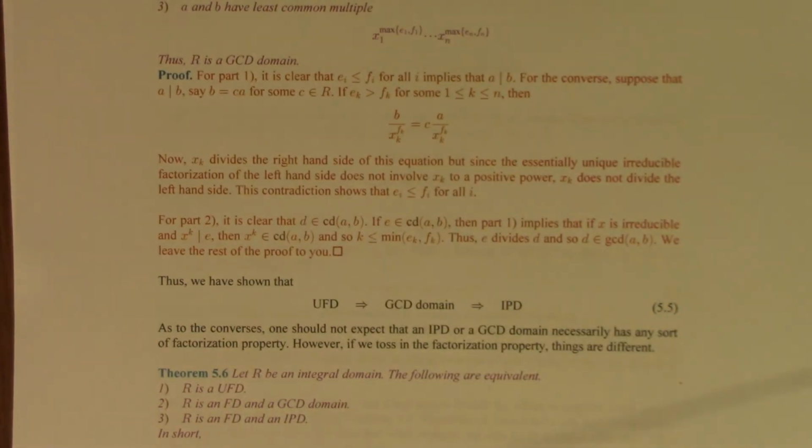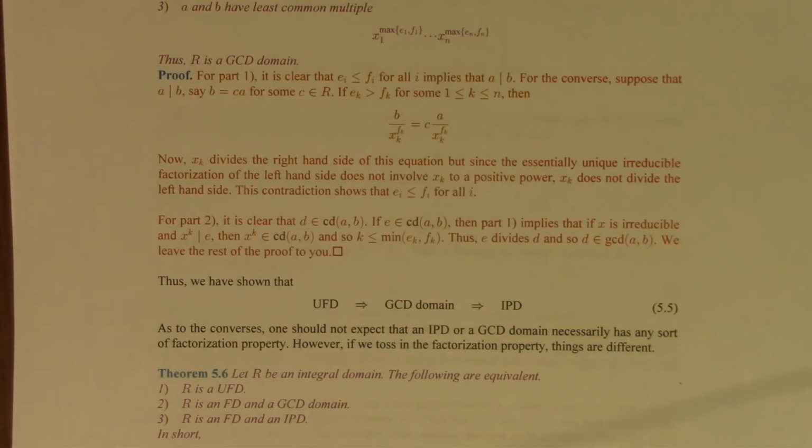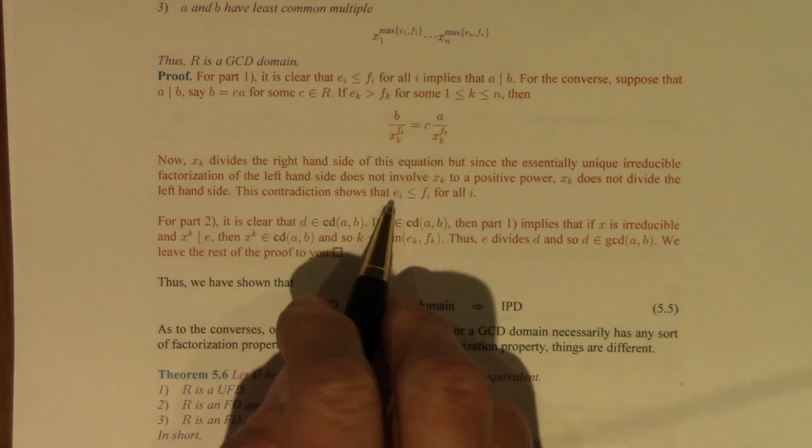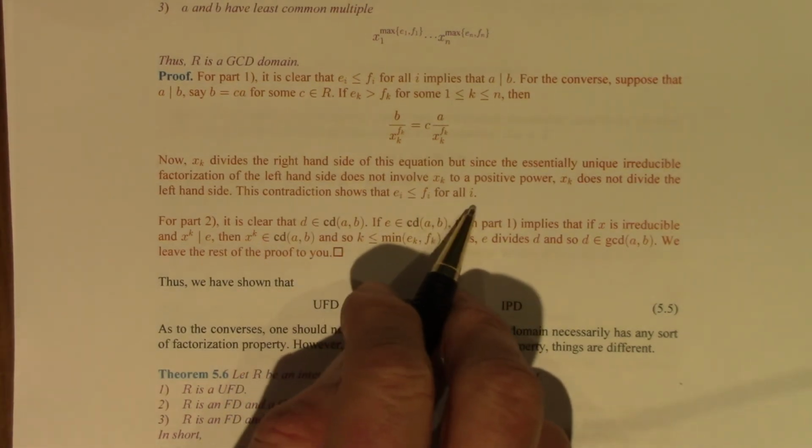And we now have a contradiction. x_k divides this side but does not divide that side. So e_i must be less than or equal to f_i for all i.